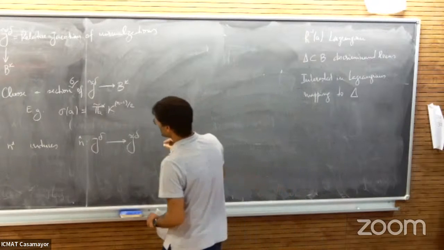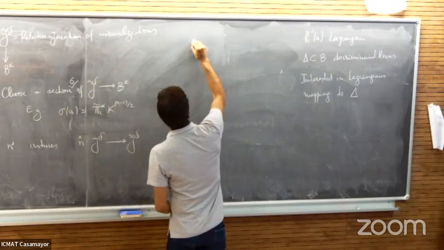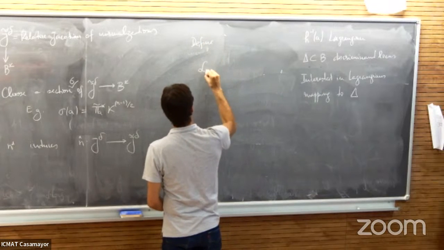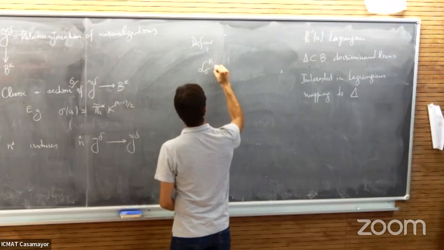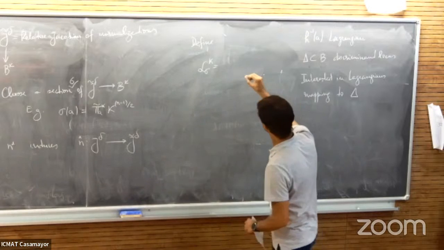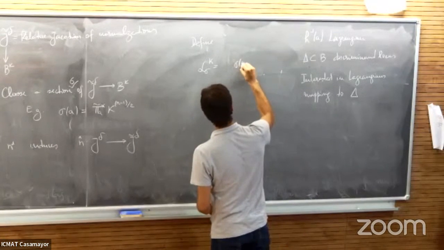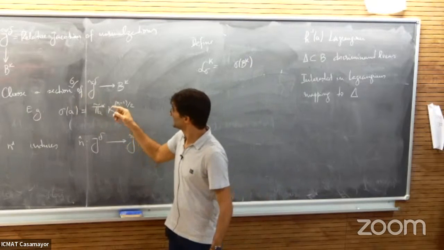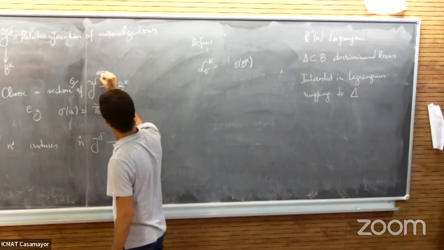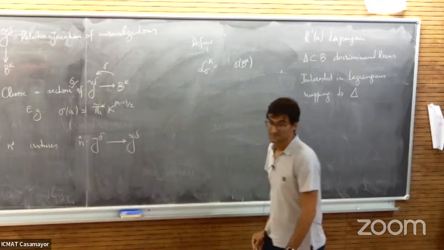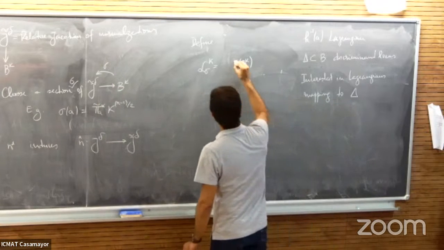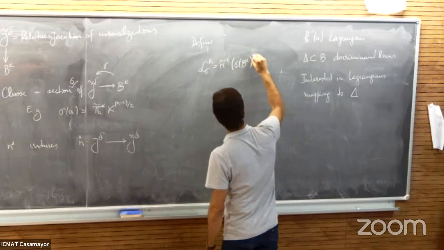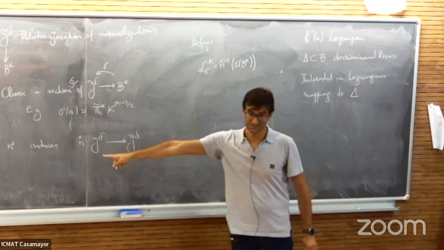And now, with all this data, define the following. Take the image of this section, and take the inverse image of the section under this map.